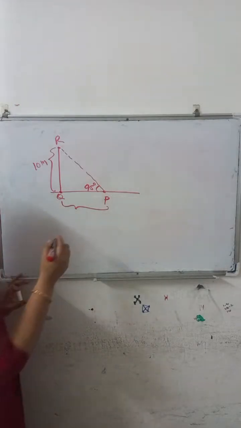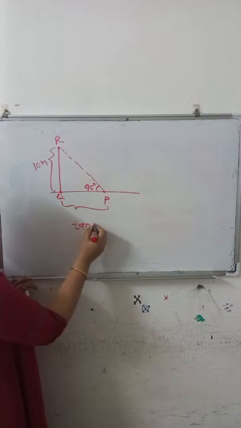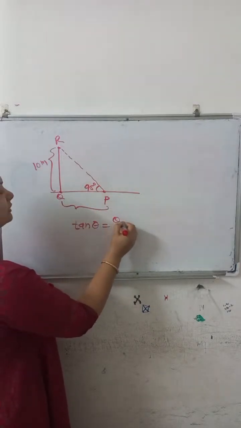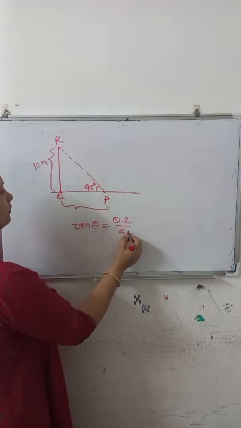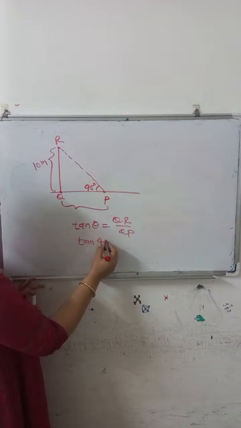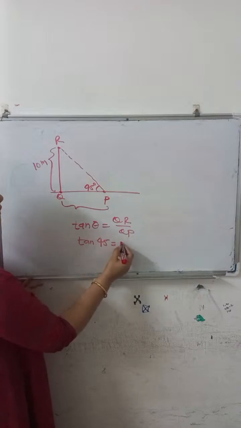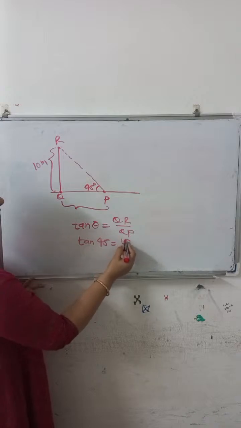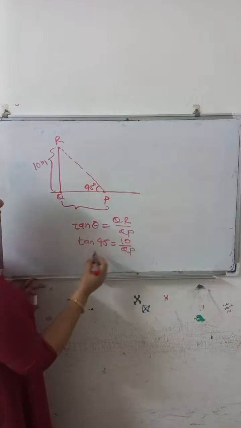So here can we apply tan theta? Tan theta is opposite, that is QR, upon QP. Here theta is 45, so tan 45 is equal to QR upon QP. QR is 10 and QP we want to find out.